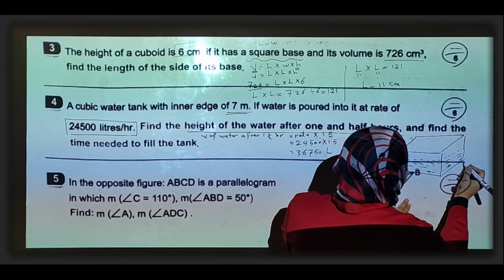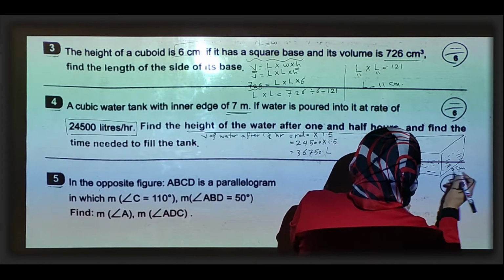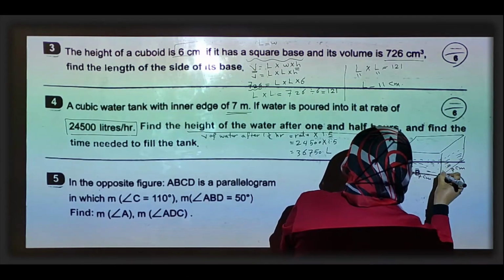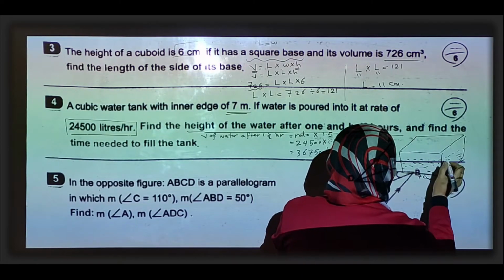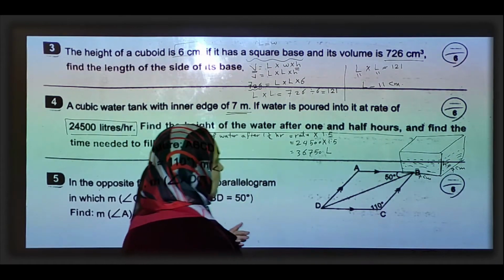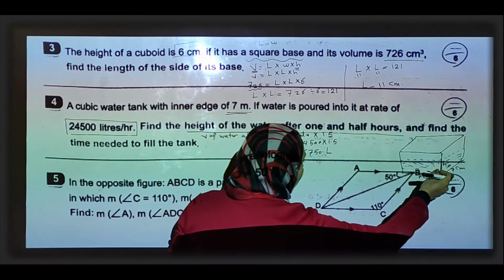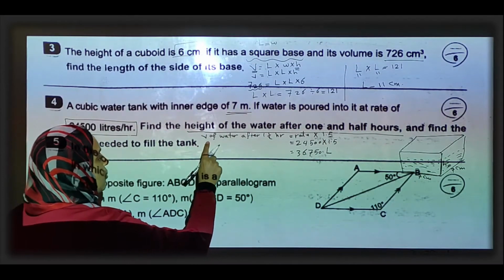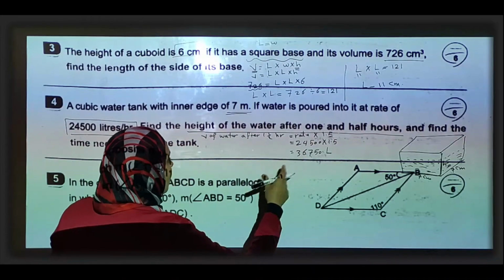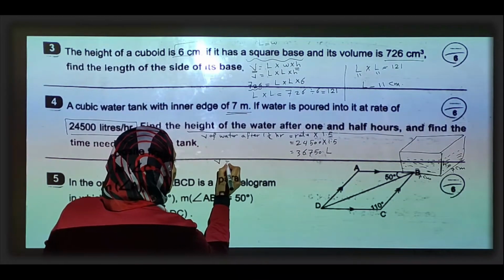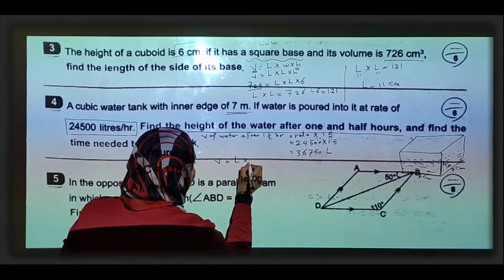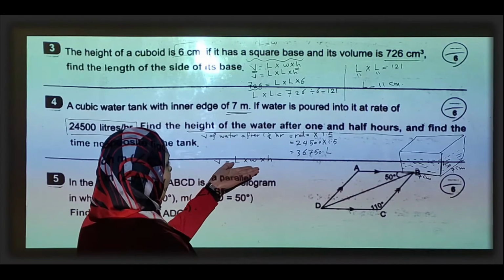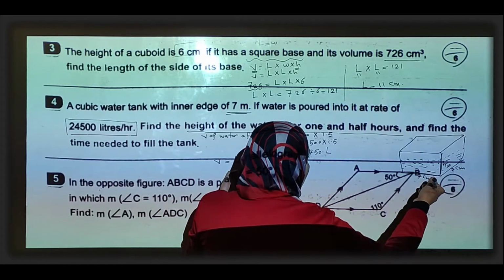The length is 7 meters, the width is also 7 meters, and the height is not 7. So the shape of the water is a cuboid. So this volume is the volume of cuboid. Volume of cuboid equals length times width times height. Here the length equals the width.